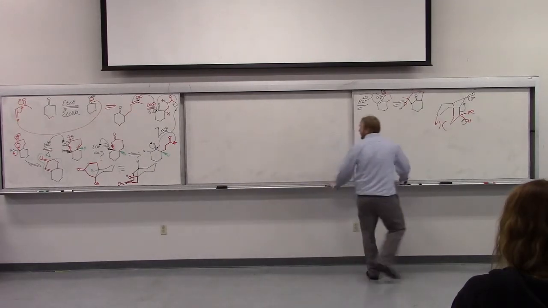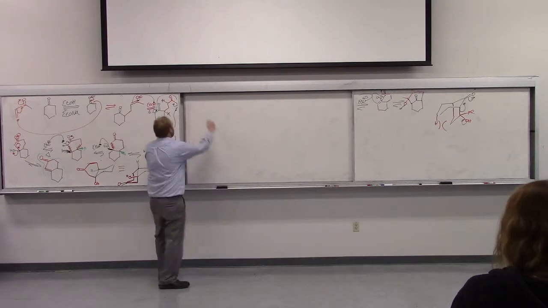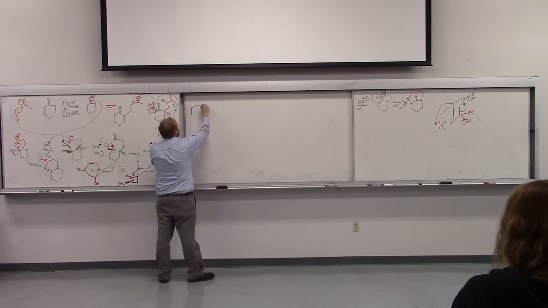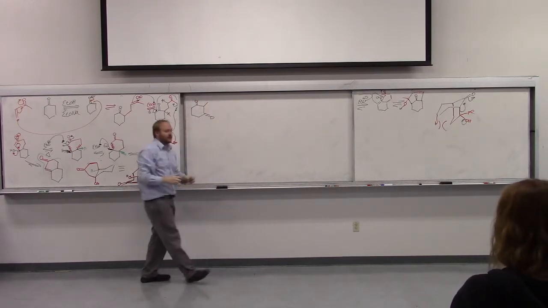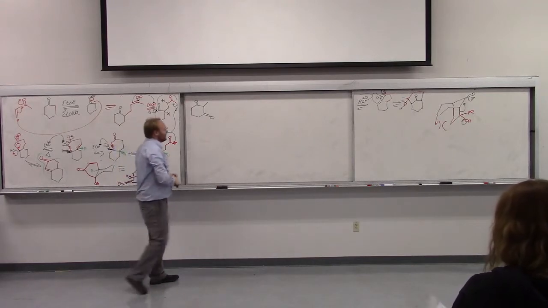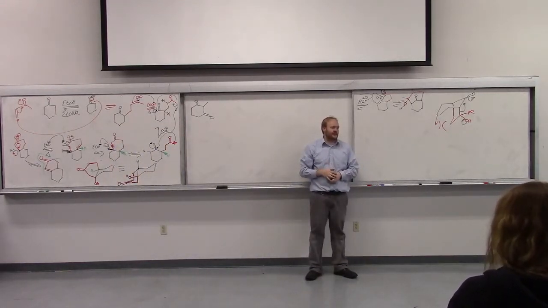So let me give you another example. This is a classic example, and the reason it's classic is because this is the first step of the synthesis of the steroid scaffold.